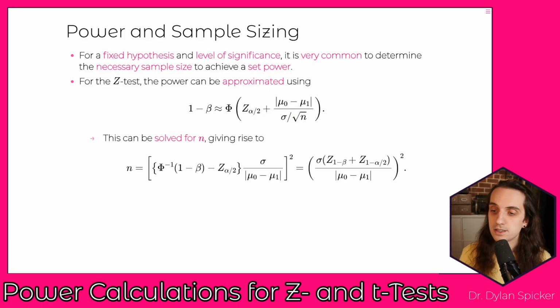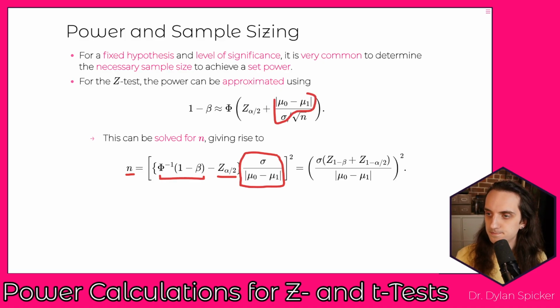If you solve this equation, then what you should find is that n is equal to the inverse of our phi function minus our critical value multiplied by our inverted, or reciprocated, expression in here. Okay, and it turns out that the inverse of our phi function is actually just another critical value.